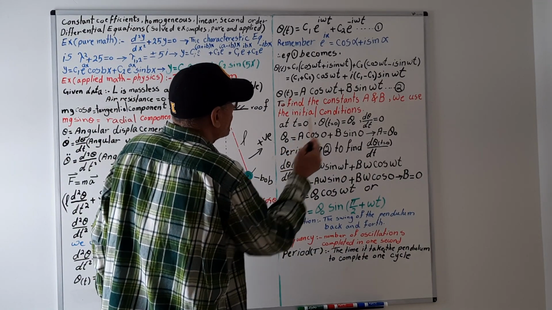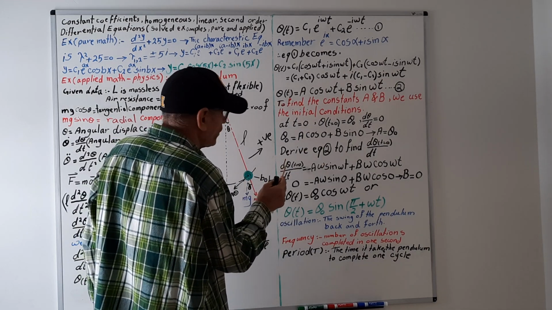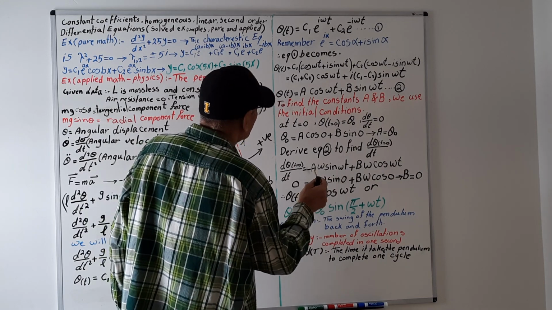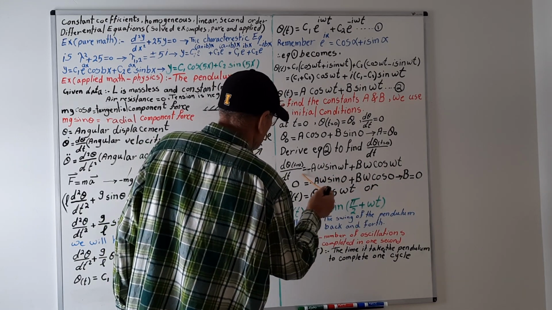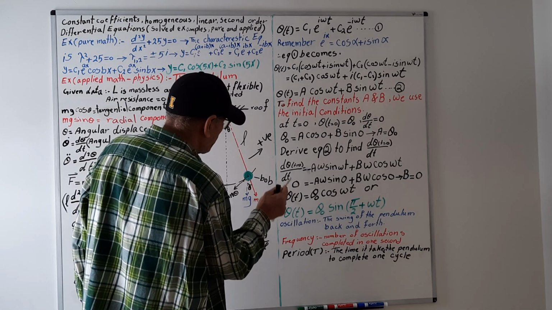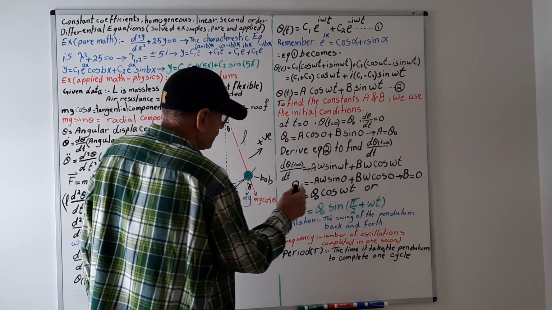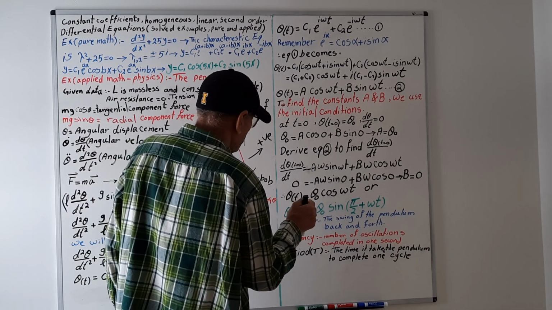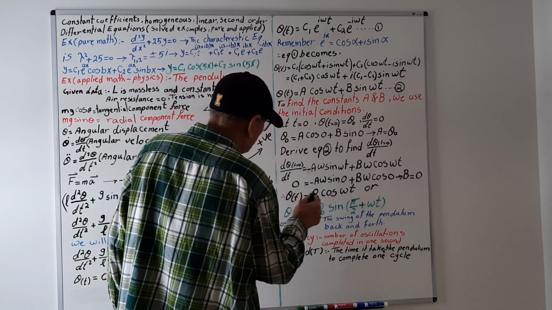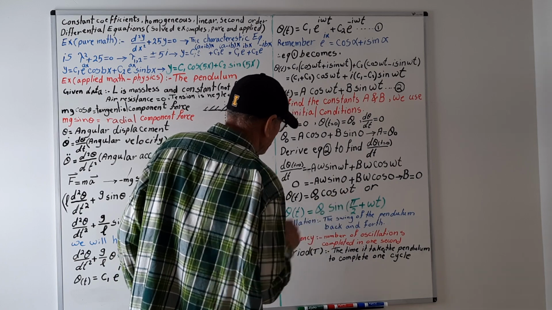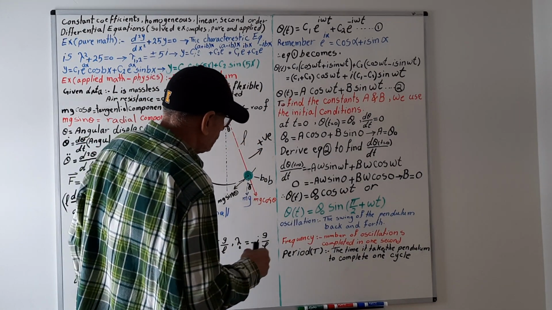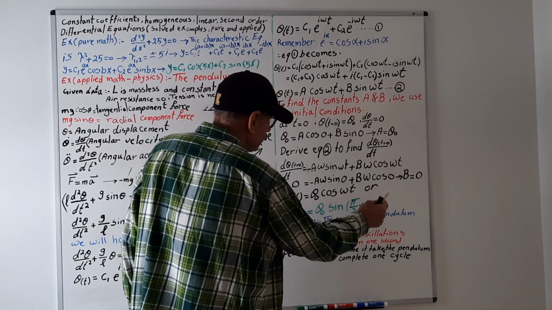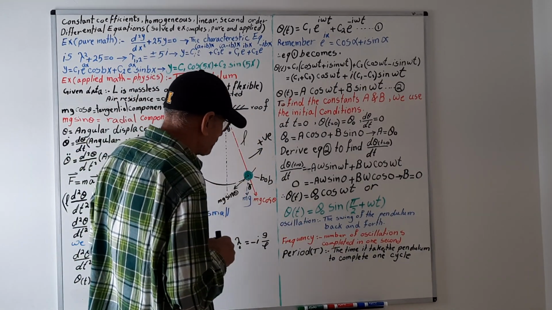And then we differentiate equation 2 to find d theta over dt at t equals 0. So we get this relation. Now we put the velocity 0 to find the constants A and B. And here, theta of t equals theta naught cosine omega t. So this is our final solution for this system.